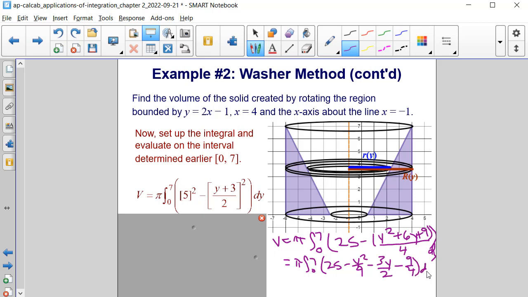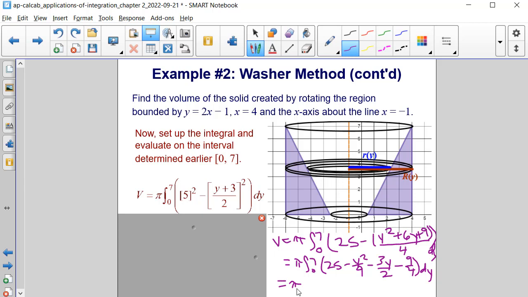And again, we're going to integrate with respect to y. Now, if you wanted, you could combine 25 and subtract 9/4 from it, or you can leave them apart. Doesn't really matter. I'm going to leave them apart and just integrate each term.